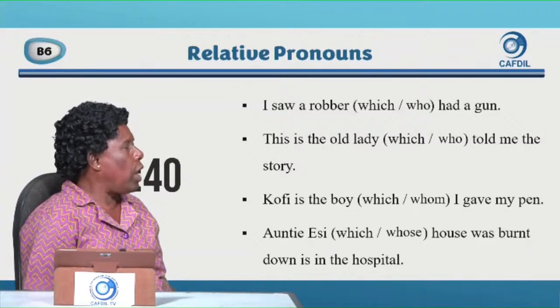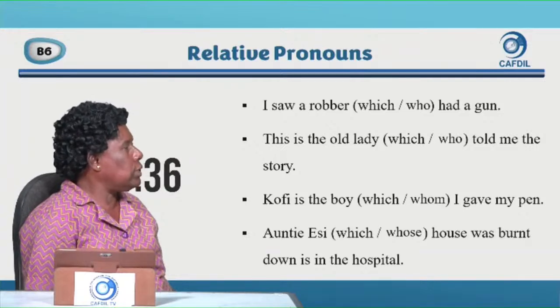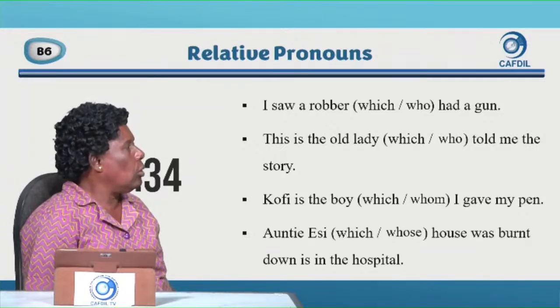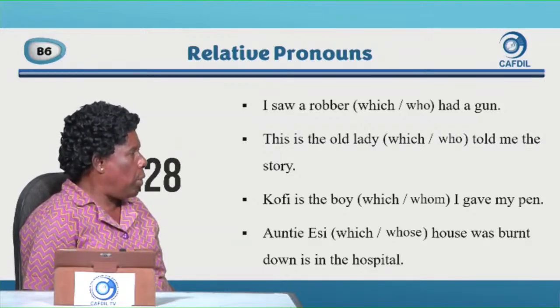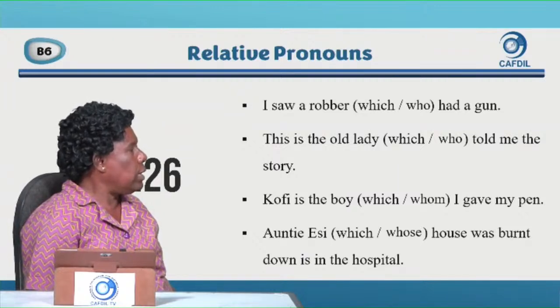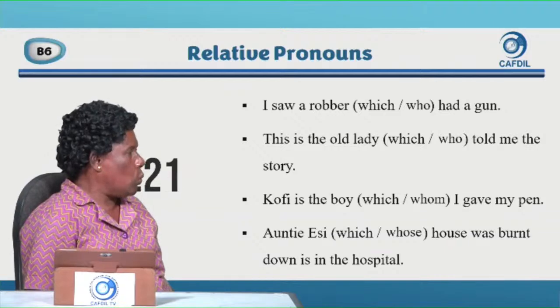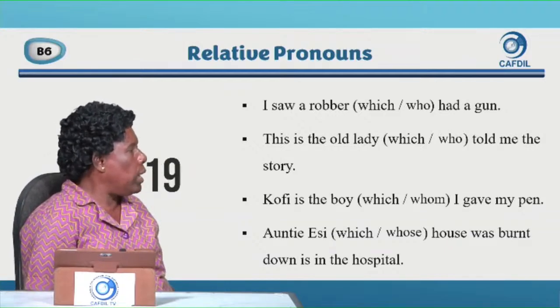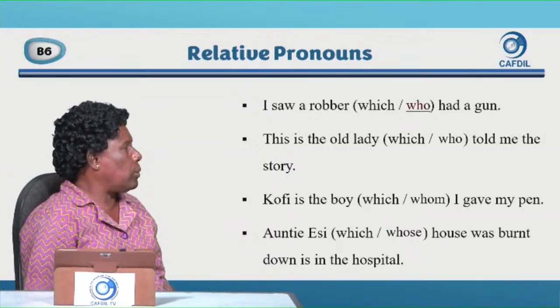In the bracket we have which, who told me the story. So select the correct relative pronoun. Kofi is the boy. In the bracket we have which, whom I gave my pen. The next sentence. Auntie Essie. In the bracket we have which, whose house was burnt down. Select the correct relative pronoun.